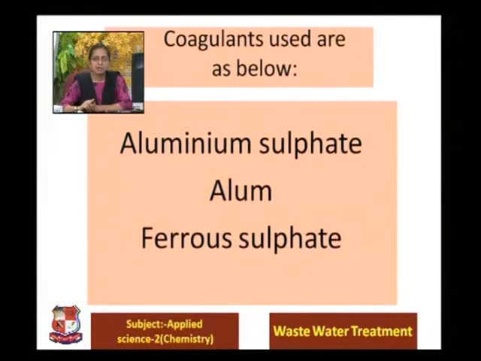If you see very clearly, aluminum sulfate, alum, and ferrous phosphate are examples of the coagulants used in the process. Aluminum sulfate reacts with our bicarbonates and finally forms hydroxides, and hydroxides are basically your bulky precipitates, so due to heavier weight they settle and can be easily removed.